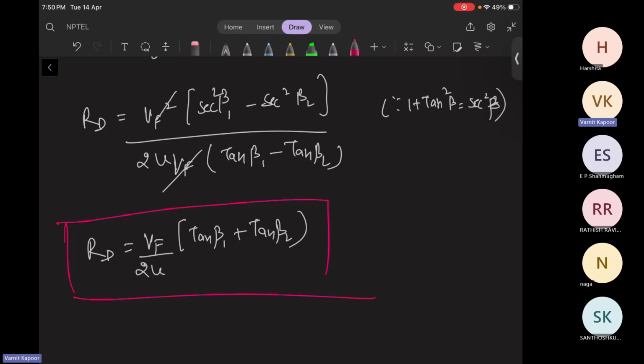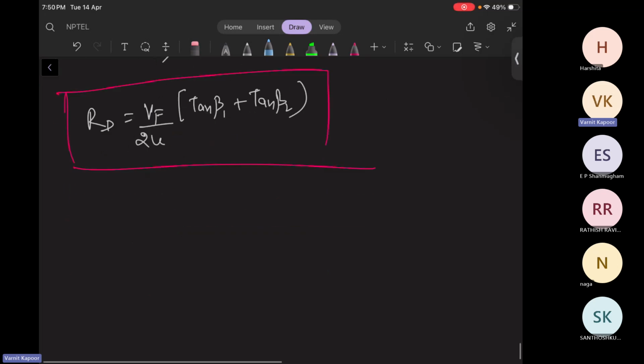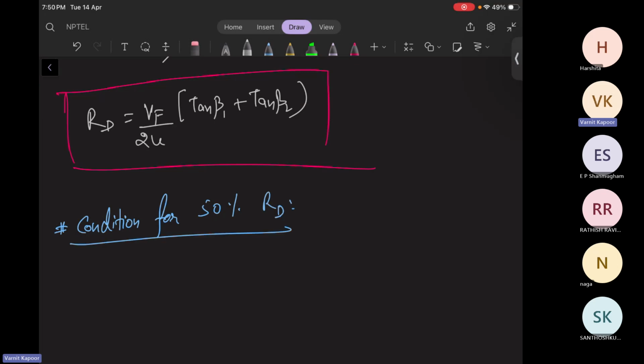So the condition for 50% degree of reaction, 50% RD, that is, your RD is 1 by 2. That is what I mean by this. Okay, so let us get the conditions as well.